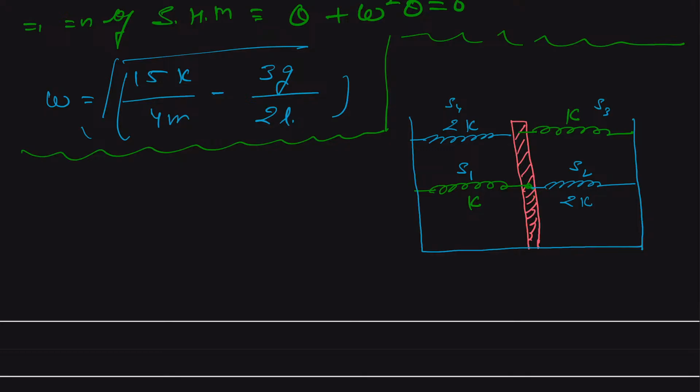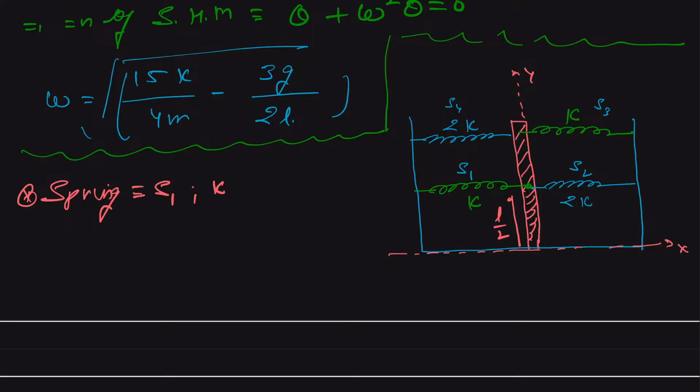So let us consider spring S1. And spring S1 is having a spring constant K. And once again, we consider that it is x-axis and this is y-axis. So obviously this length will be our L by 2 and its coordinate will be 0, L by 2.